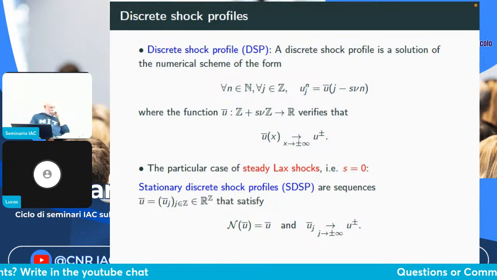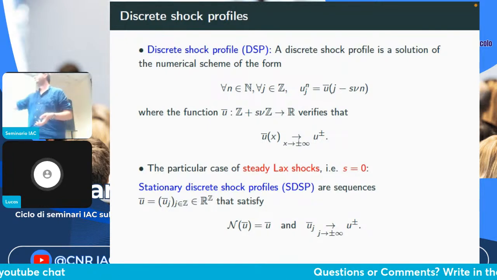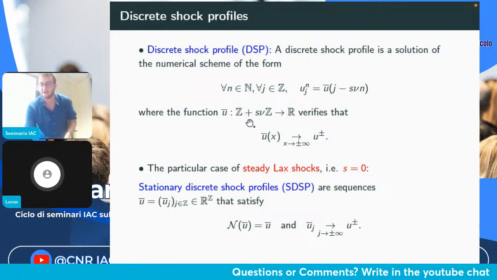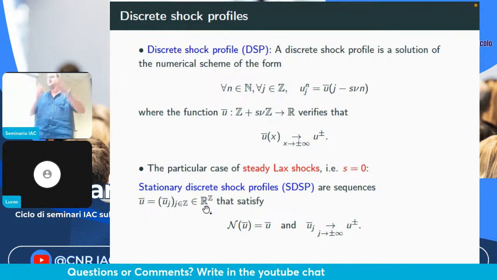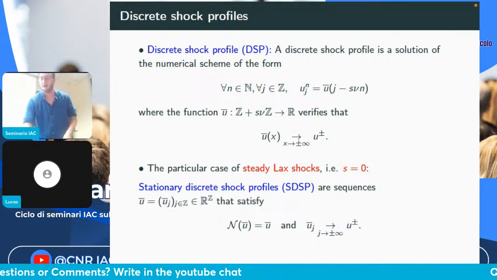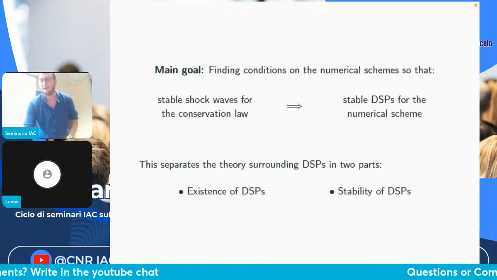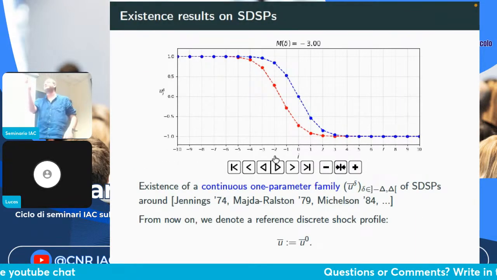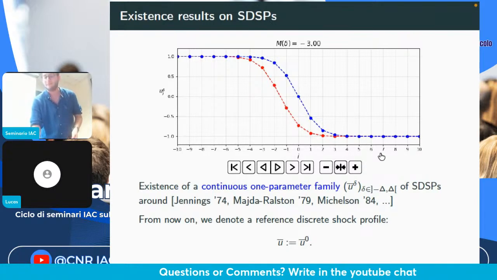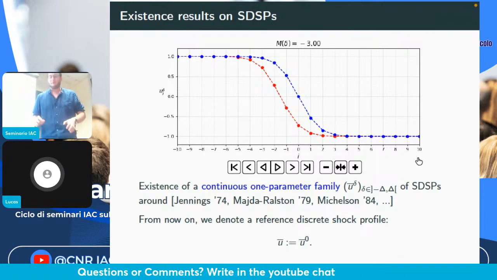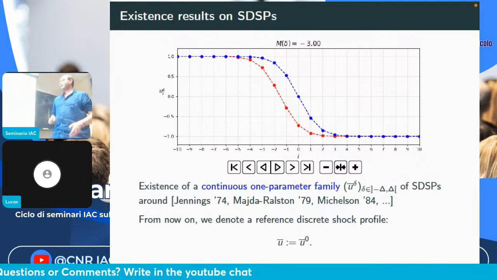Exactly. That's it. This definition works only for translations which are integer multiples of the space step, so you need to translate by entire cells. But here I'm saying you can translate by essentially any amount, it's a way to say it. So it's a bit more peculiar.